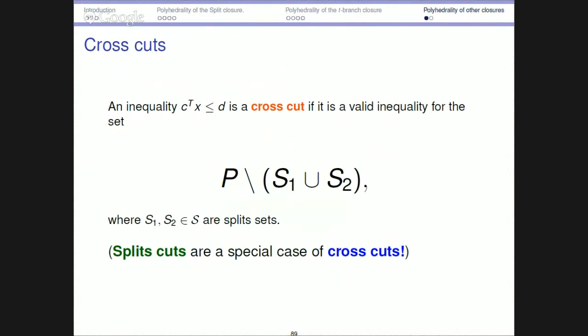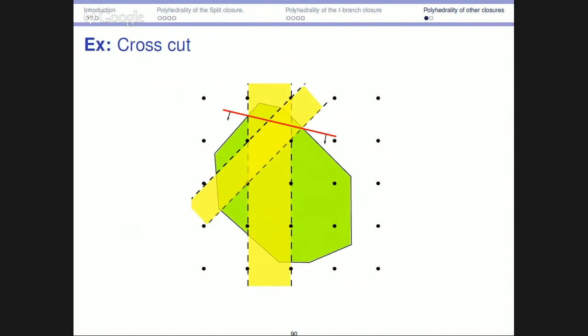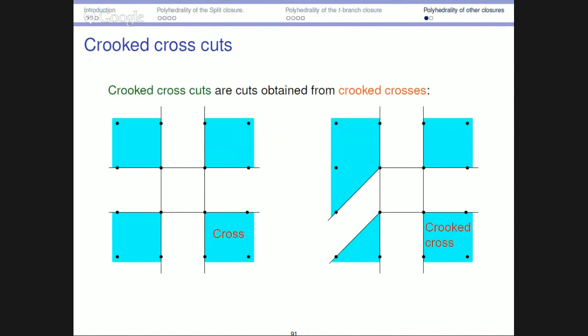I also already defined what a crosscut was, so P minus 2 splits at the same time. This is just to remind you, because instead of crosscuts, Sanjeeb, Oktay, and my advisor from Georgia Tech, Santanu Dey, defined what are called crooked crosses. So instead of considering this cross, you consider this crooked cross.